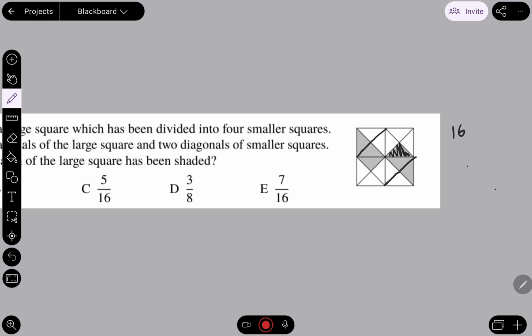By tiny little triangles, I mean that. So, now that we have all that, out of the 16 tiny little triangles, there are 1, 2, 3, 4, 5, 6 that are shaded, which we can simplify to 3 over 8. So answer is D, 3 over 8.